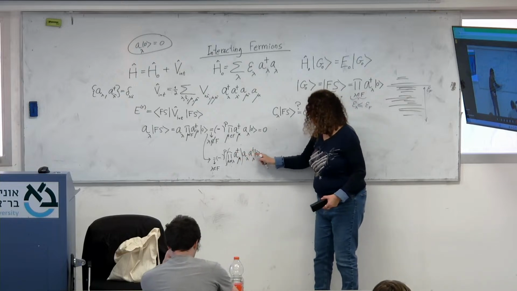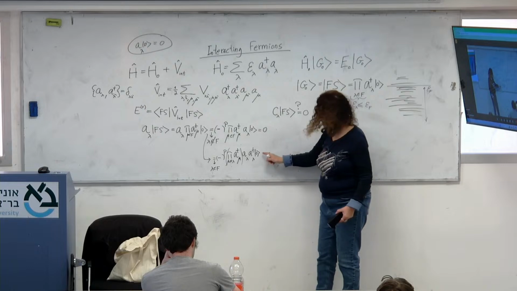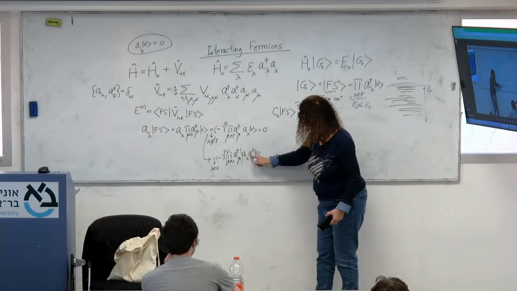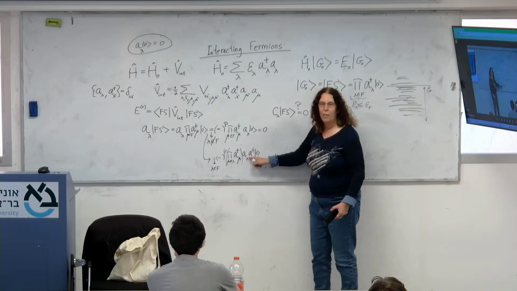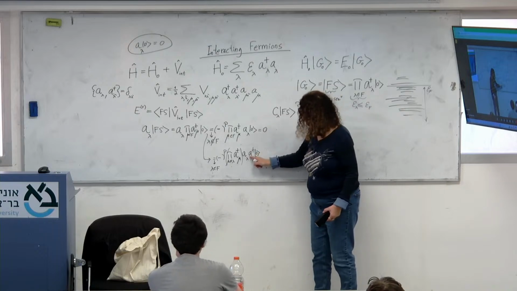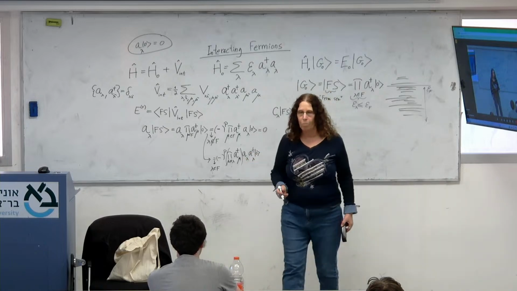But when I apply this operator on 0, what do I get? I no longer get 0. Why? Because when this acts on 0, it creates a particle, and then this particle is annihilated, and I just get 1 times the vacuum. Okay?